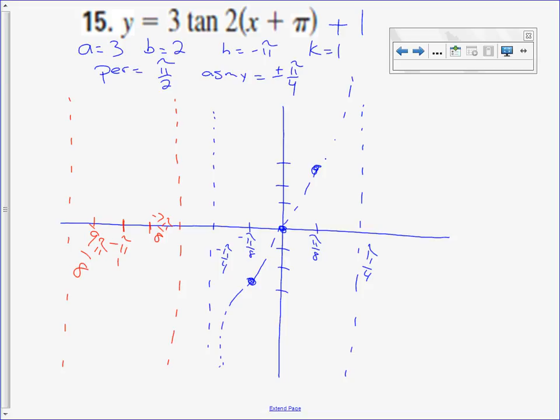And then instead of being at negative 3, I'm at negative 2. 0, I'm now at 1. And here's your shift.